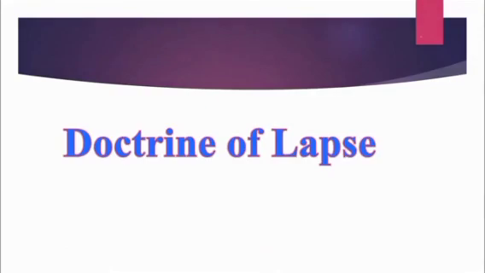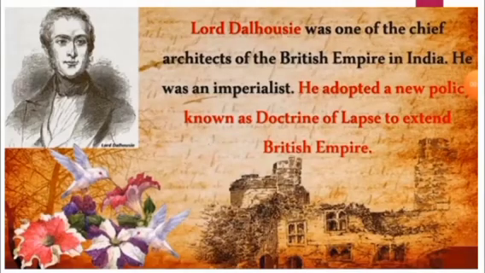Lord Dalhousie was one of the chief architects of the British Empire in India. He was an imperialist. Imperialist means a person who supports or practices imperialism. So what does imperialism mean? Imperialism means a system in which a country rules other countries, sometimes having used force to get power over them.